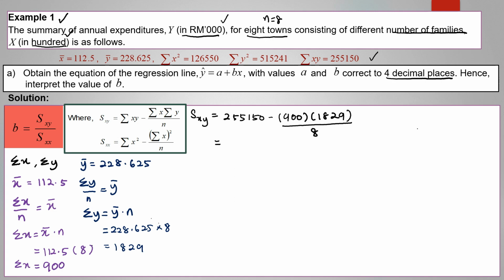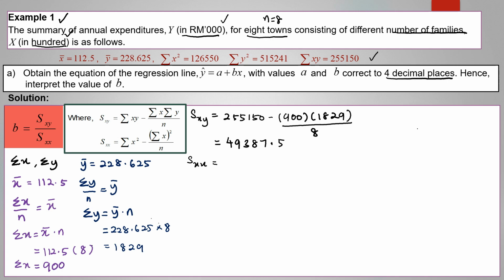Press your calculator correctly and you will get the answer for Sxy, which is 49,387.5. And then continue with Sxx.